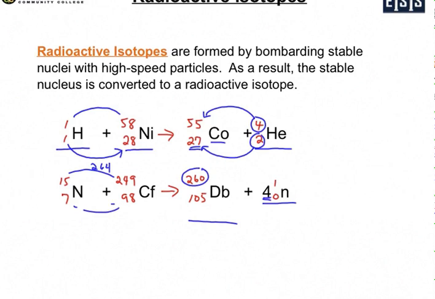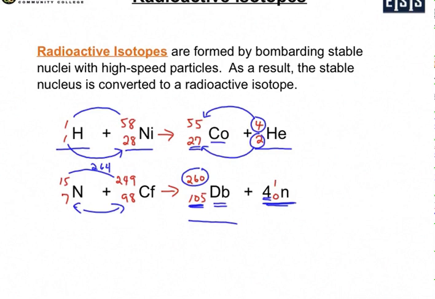On the proton sum here, you've got 98 and 7, gives you 105. And as you know, a neutron has no protons in it, so all of the protons end up with this element here. And so now that you've done your mass balance, the 260 and the 105, then you know you have dubnium, Db, as your resultant nucleus or element that you're forming.